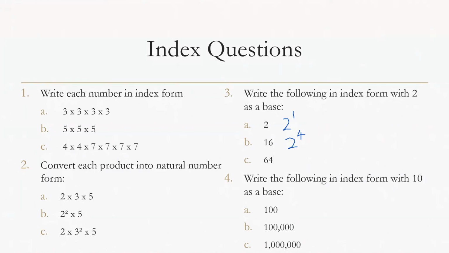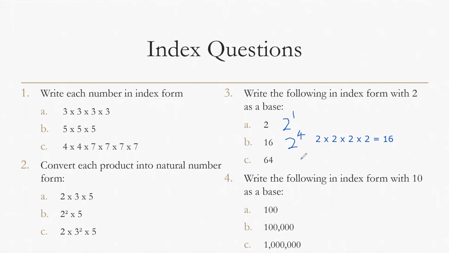Eric, did you want to add something? I just wanted to answer the next question. Just hold off on that for a second. If you need to check this, 2 to the power of 4 means 2 multiplied by itself 4 times. Use expanded form and double check that it does give me 16, which it does. So you wanted to answer the next question? Go ahead. What's the answer?